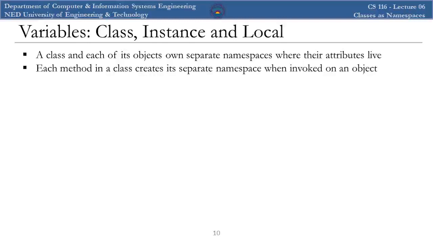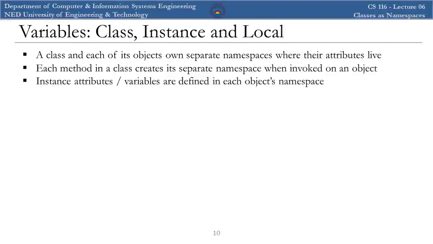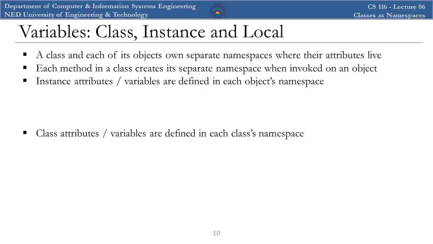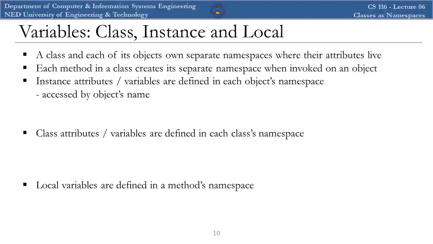Okay, then we saw three types of variables. Instance variables or instance attributes, defined in an object's namespace. Then class attributes or class variables, defined in a class's namespace, the blueprint's namespace. And then local variables, defined in a method's namespace. Now let's compare them side by side. If you want to access an instance variable, you access it using the self dot operator, and that self is ultimately replaced by the name of that object, right?